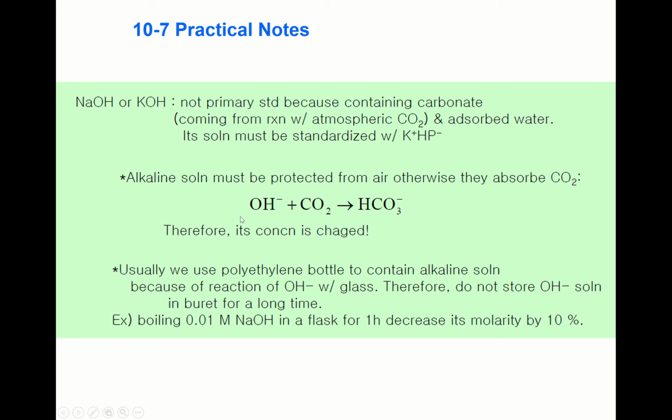Why? Because hydroxide ion reacts with CO2 to make bicarbonate. So when you prepare this alkaline solution, you have to prevent the CO2 in air from entering your solution. Otherwise the concentration will change, and by introduction of CO2, the solution becomes more and more acidic.